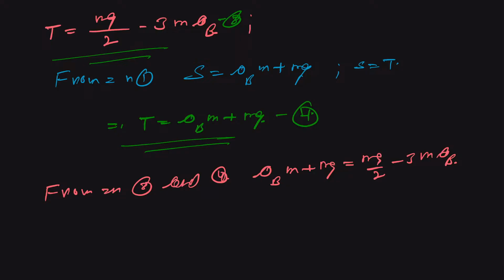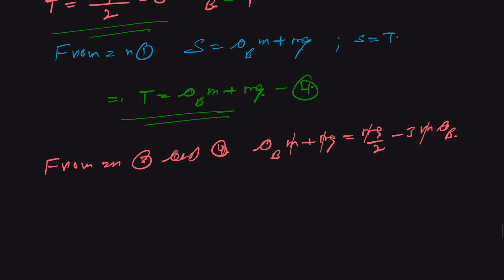And now it's quite simple. Mass is not required, and we get our acceleration. And we can get this as 4A of B, and 4A of B will be equal to g by 2 minus g.